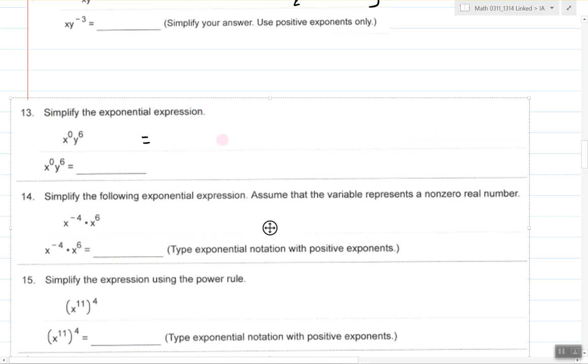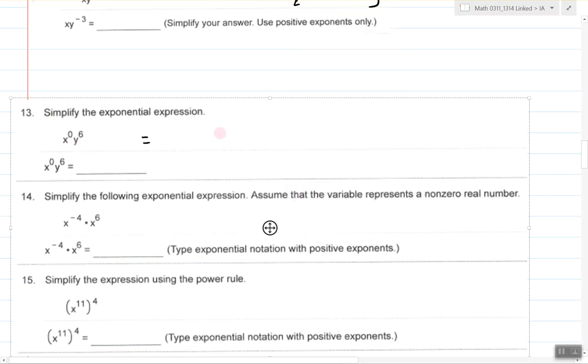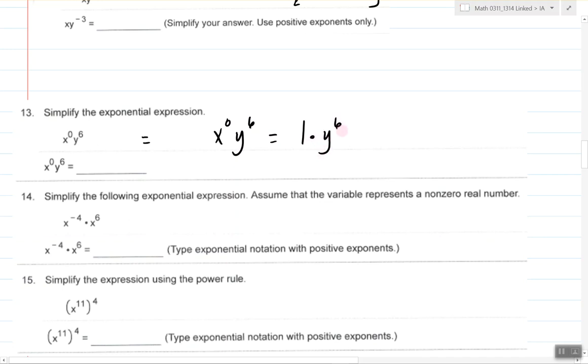You could not do what I just said because those aren't the same base. I'm so sorry. All right, this is going to be x to the 0, y to the 6th. So this is 1 times y to the 6th, which is y to the 6th. And I'm sorry, I misread the problem.